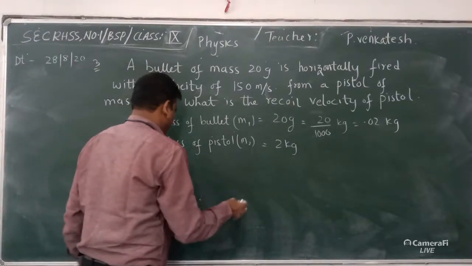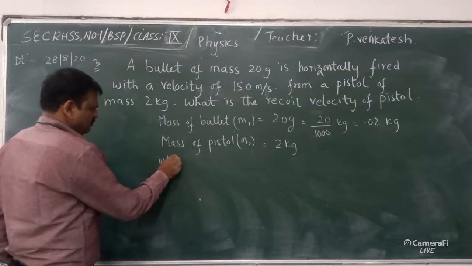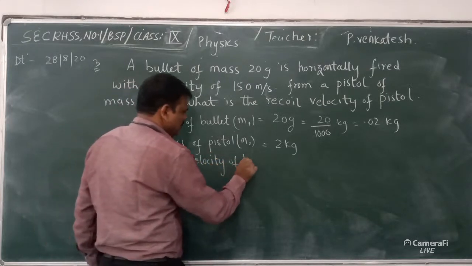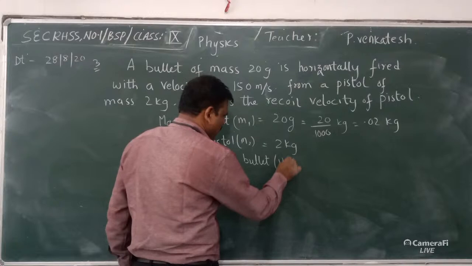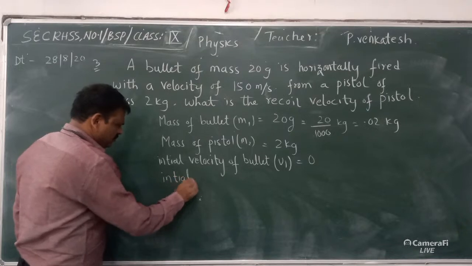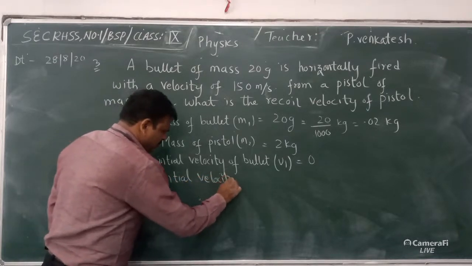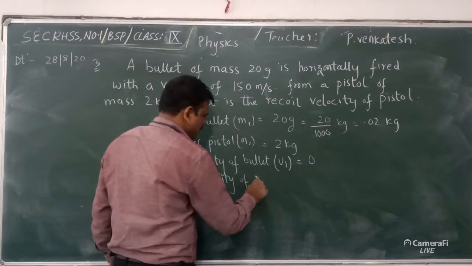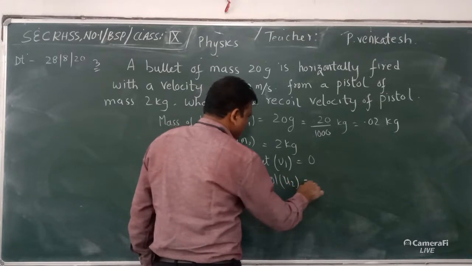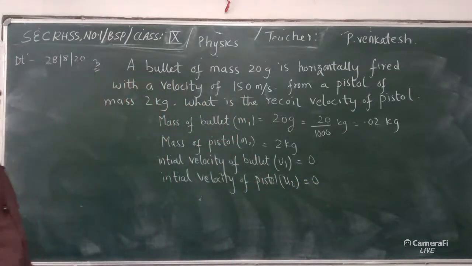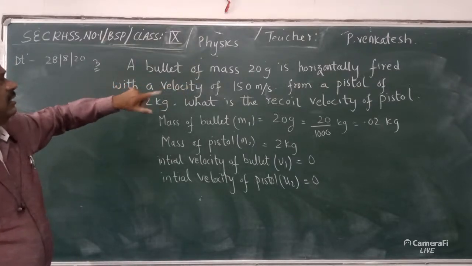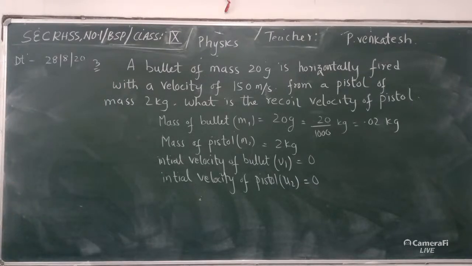That is, u1, initial velocity of bullet, equals initial velocity of pistol, u2, equals 0. Now the bullet is fired horizontally with a velocity of 150 meters per second from the pistol.